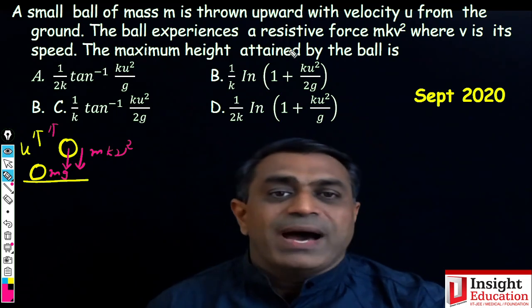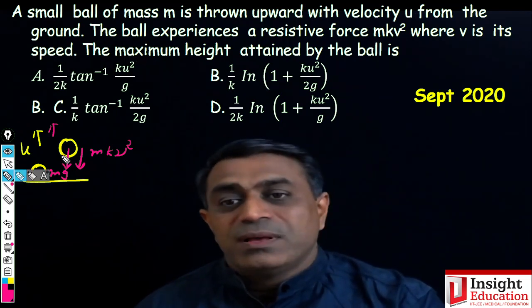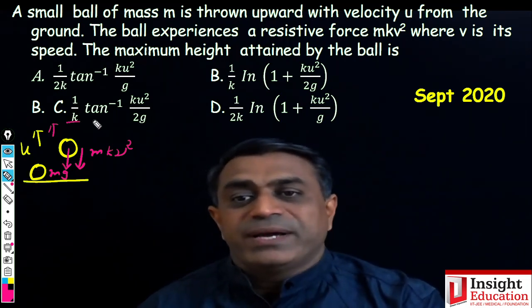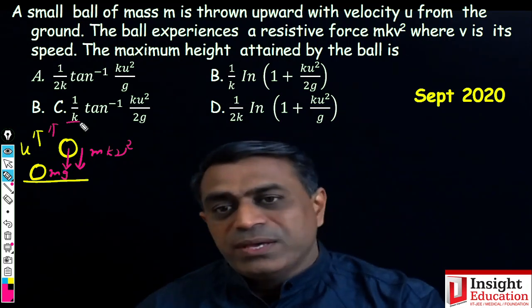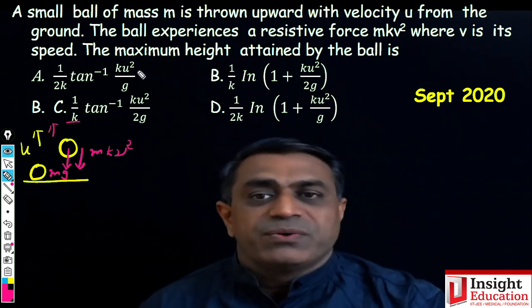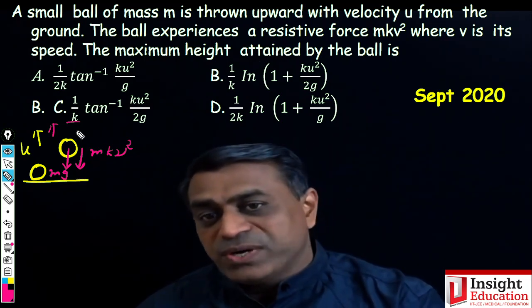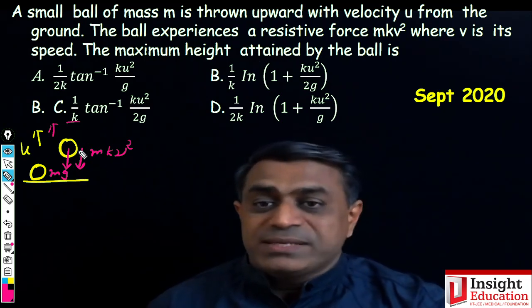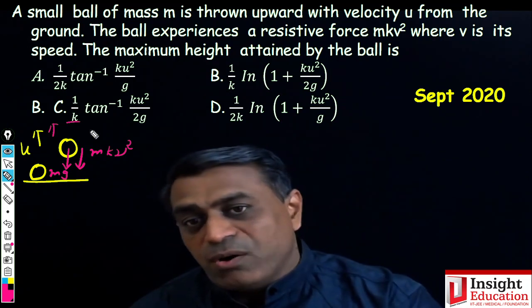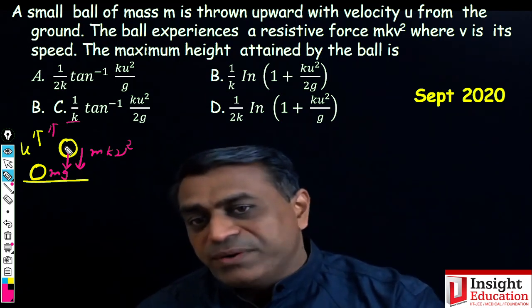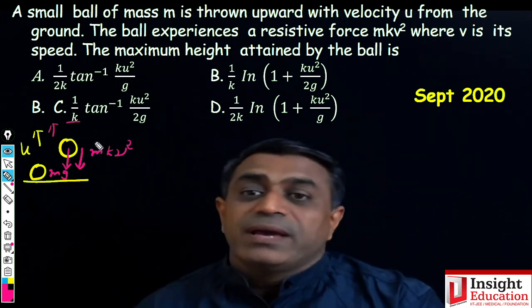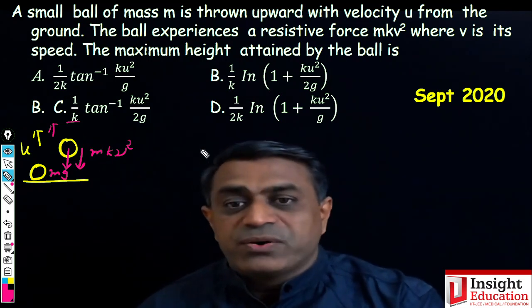Find the maximum height attained by the ball. So if you want to find the maximum height, first consider the forces or acceleration. The gravitational force is in the downward direction and the resistive force is also in the downward direction.